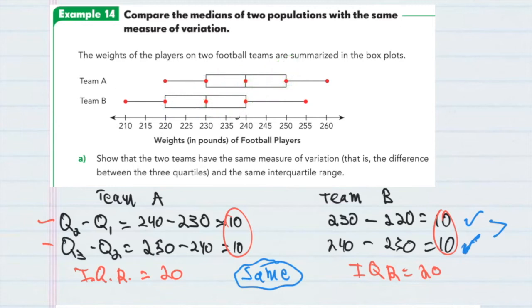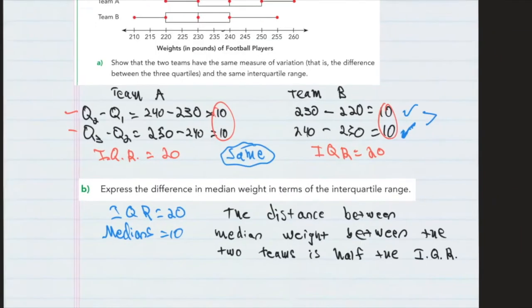If we just take a look at the whole thing here, team B and team A almost look like the same thing, but team A is just kind of shifted 10 more to the right. So it's almost like everything is 10 pounds heavier for team A. Okay, so that's another inference that you could say based on the population.